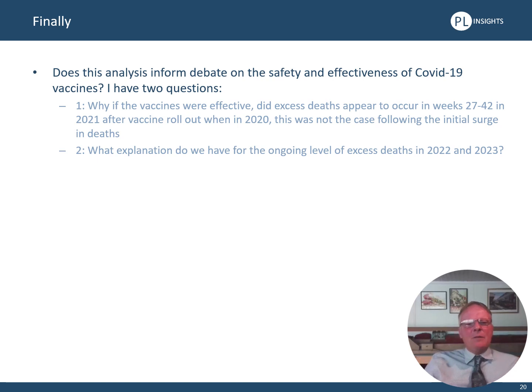The first of those is, why, if the vaccines were effective, did excess deaths appear to occur in weeks 27 to 42 of 2021, i.e. after the vaccine rollout, when in 2020, before the vaccine rollout, those same weeks did not show excess deaths once we got through the initial surge? The second one is, if the vaccines are safe, what explanation do we have for the ongoing level of excess deaths in 2022 and 2023?